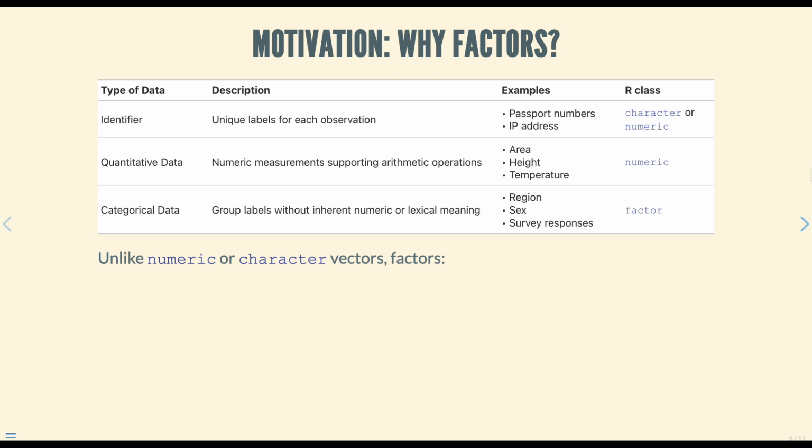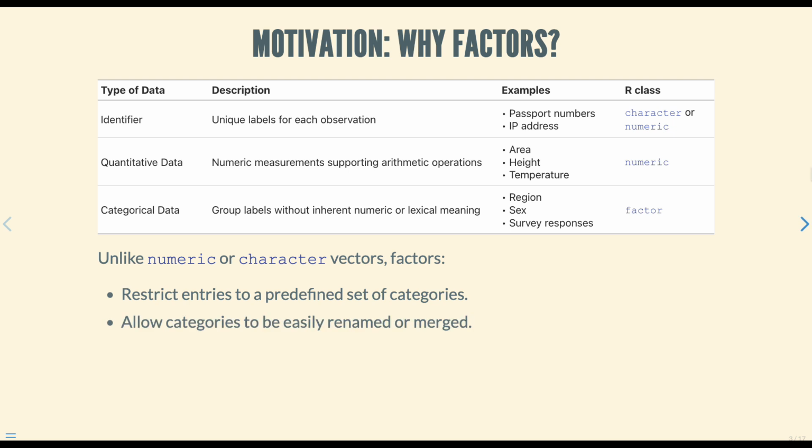Categorical data are group labels without inherent numeric or lexical meaning, such as region, sex, or survey responses. While identifiers and quantitative variables use plain character or numeric vectors, categorical data benefit from a structure that enforces valid categories and preserves semantic meaning. That structure is the factor.